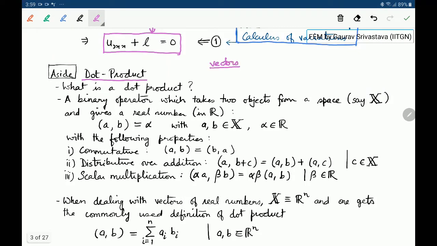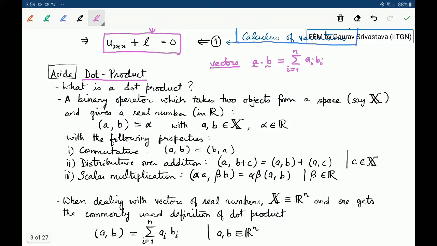So when you write a vector A dotted B, the understanding is that this is the sum over i equal to 1 to n of ai times bi. Basically this is a component by component multiplication of the vector components and then addition of all of them. So this is how you may recall you would have done dot products of vectors.